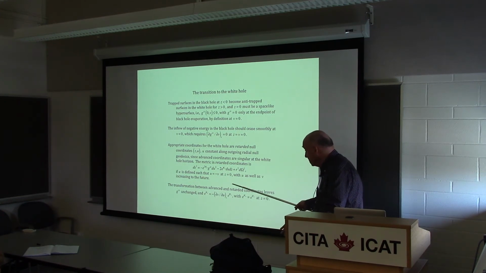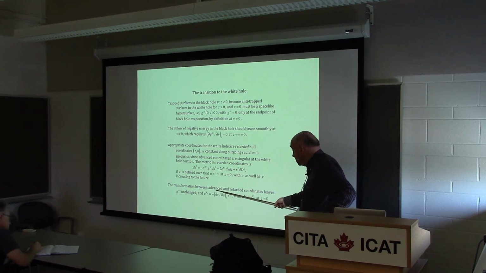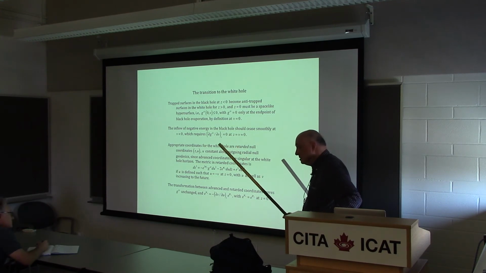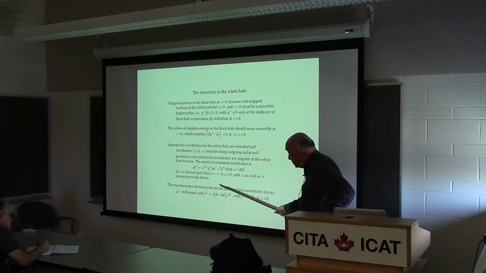You can then ask what the transformation is between the advanced null coordinates and the retarded null coordinates. You find that G_ZZ just stays the same, and that psi sub u is sort of a time dilation function. This exponent should be small.